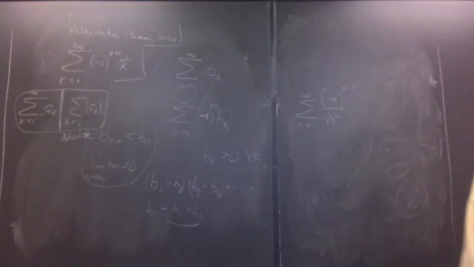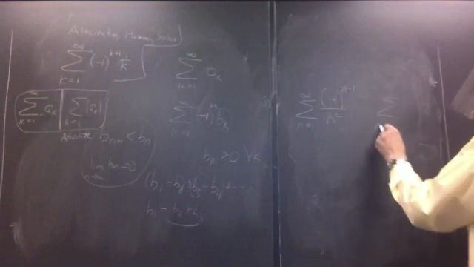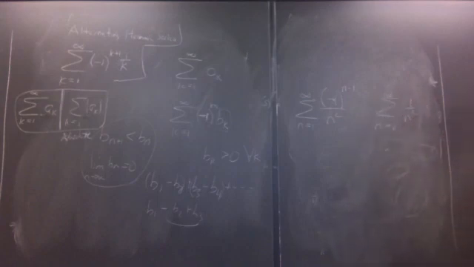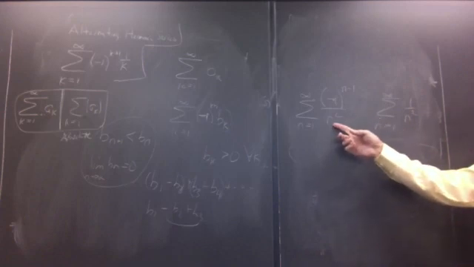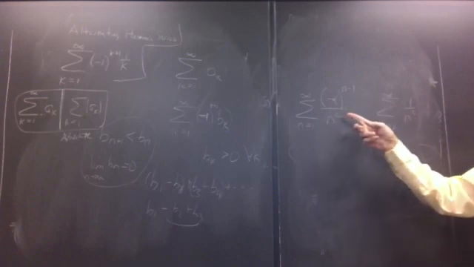Now, what's the absolute value series? It's not tough. Just get rid of the minuses. So the p-series is the absolute value series of this alternating series.